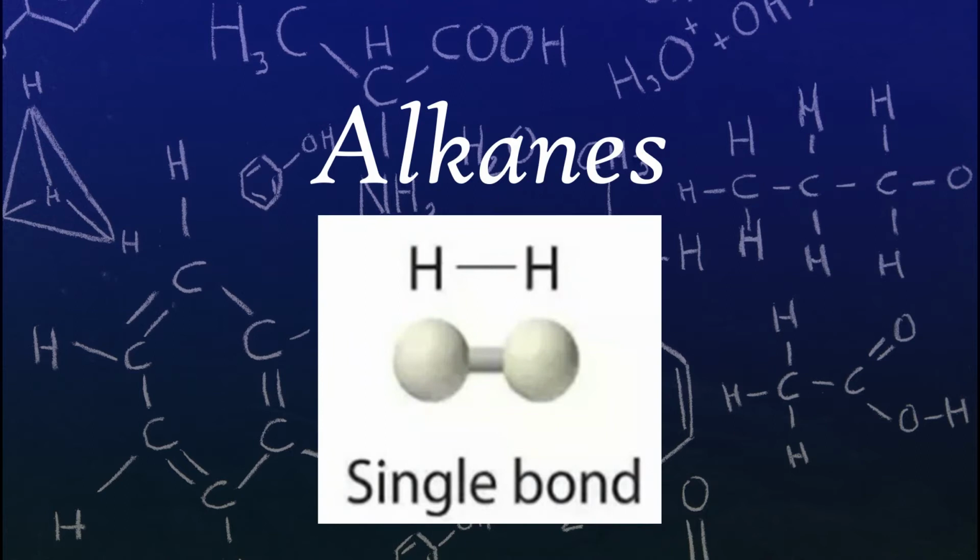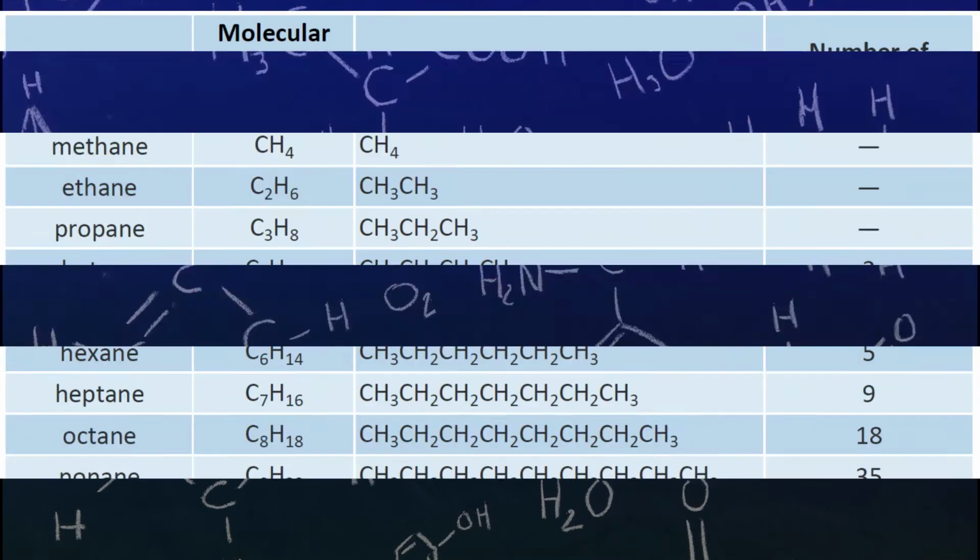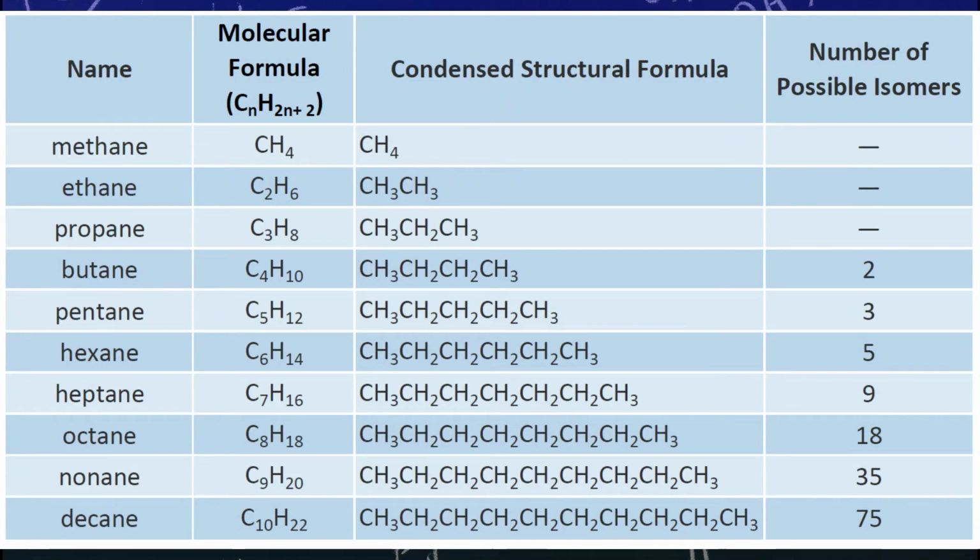Alkanes have single covalent bonds, with names ending in -ane. The names of the alkanes are methane, ethane, propane, butane, pentane, hexane, heptane, octane, nonane, and decane. These go from 1 to 10 carbons.